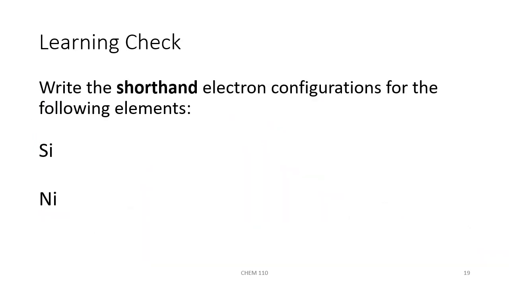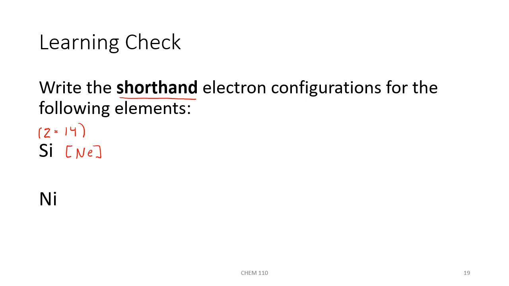So let's practice writing the shorthand electron configuration for the following. We have silicon and we have nickel. So for silicon, let's find that on the periodic table. It's atomic number 14, so Z is equal to 14. And if we look back, the noble gas that comes before silicon is neon. So we're going to write neon in brackets.